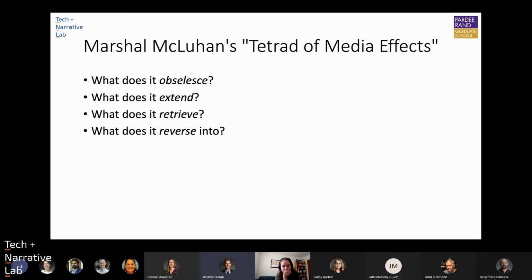But then what does it reverse into? The idea with this is when something's pushed to the extreme or rolled out or oversaturated in some way, there's often a tendency for there to be a countercurrent or backlash or resistance to something as it becomes more dominant.